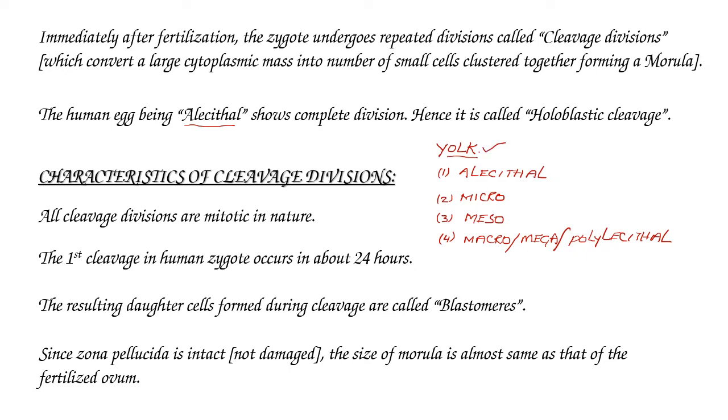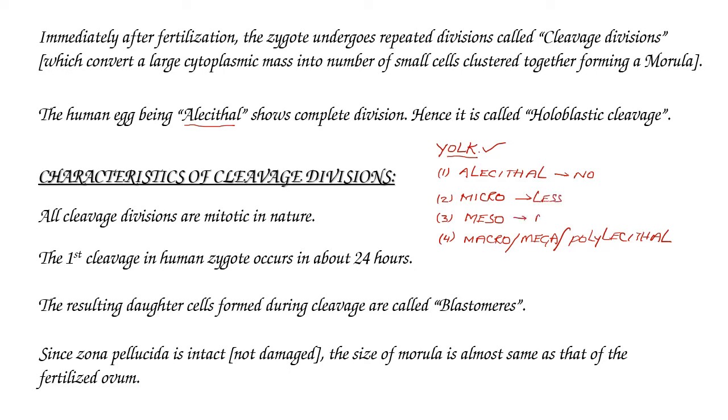There are different kinds of eggs. Alecithal means a negligible amount or no amount of yolk is present. Micro means a very small amount of yolk is present.